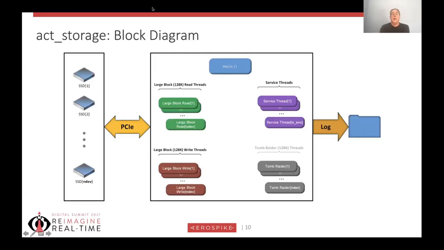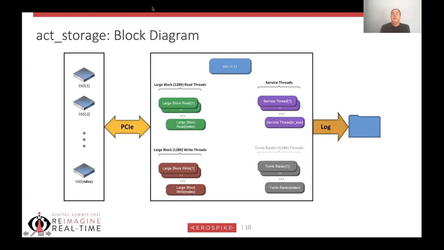And just looking at these briefly, the default for the large block reads and writes is 128K blocks. There is one thread created for each device. So these activities are parallel across devices.